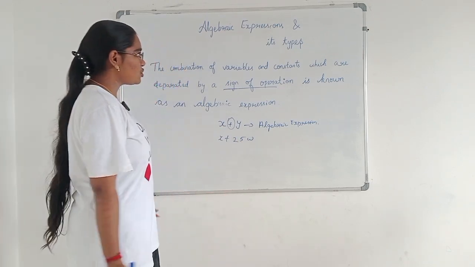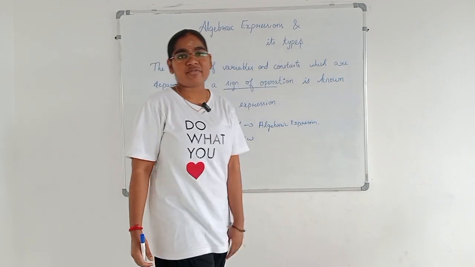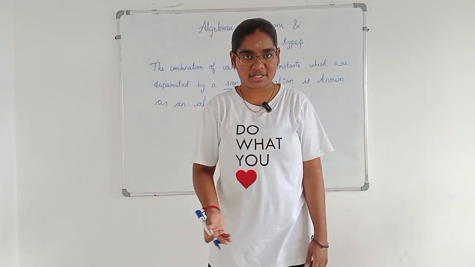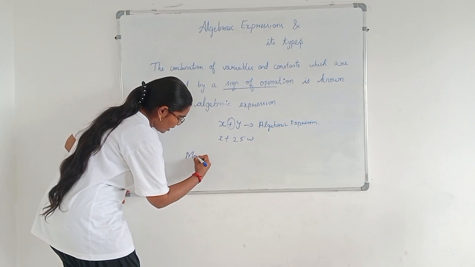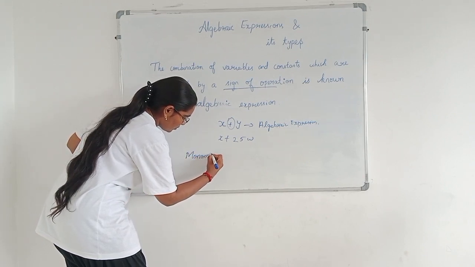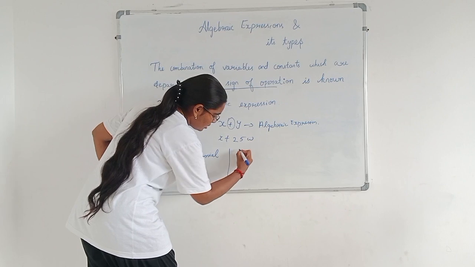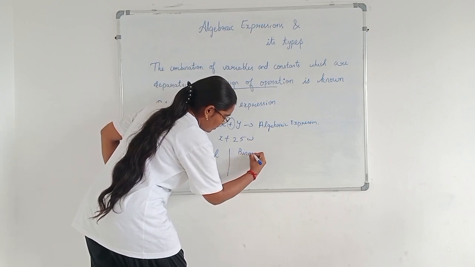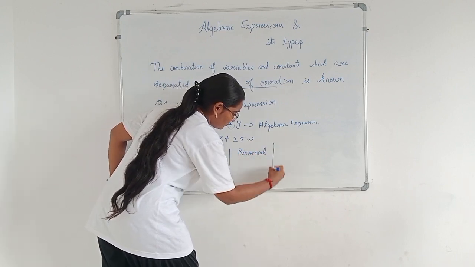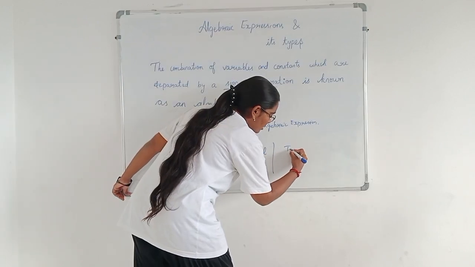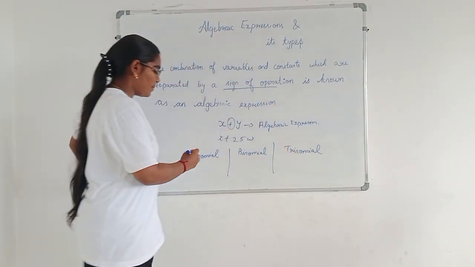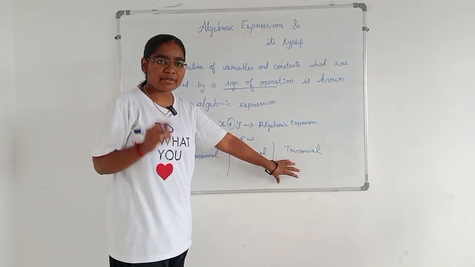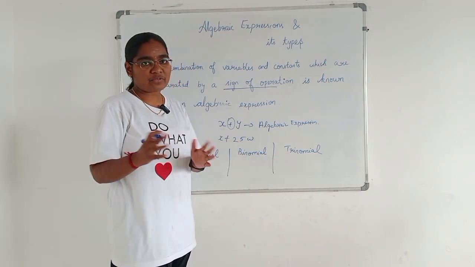Am I right? So there are various types of algebraic expressions. They are monomial, binomial and trinomial. These types are purely based on the number of terms.